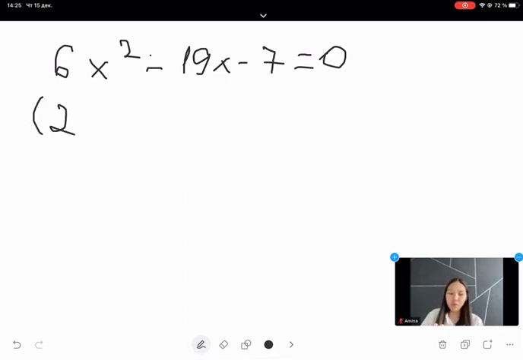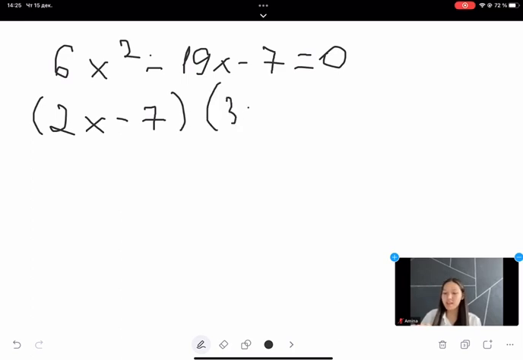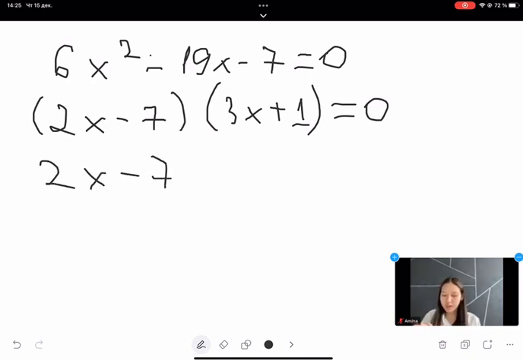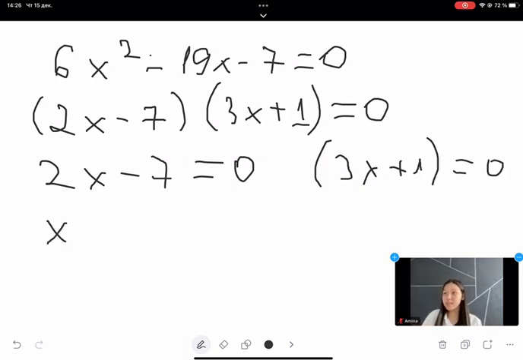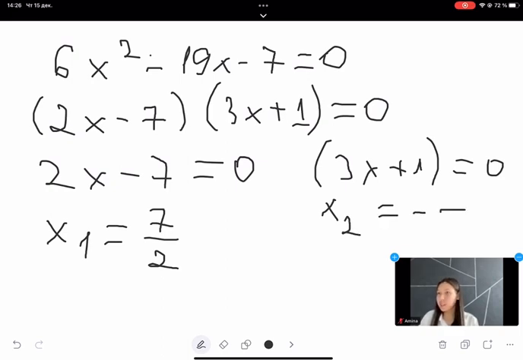This factors as 2x minus 7 and 3x plus 1 equals 0. So 2x minus 7 equals 0, 3x plus 1 equals 0, x1 equals 7 over 2, and x2 equals minus 1 over 2.